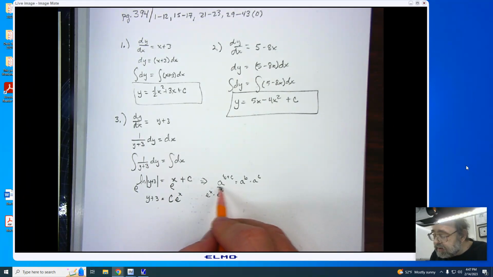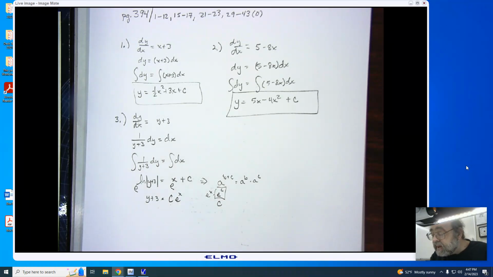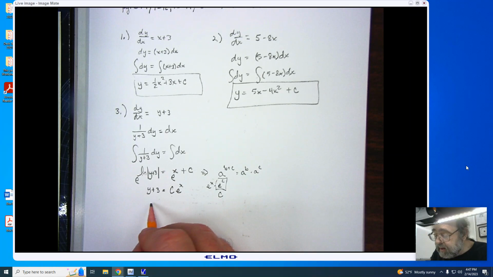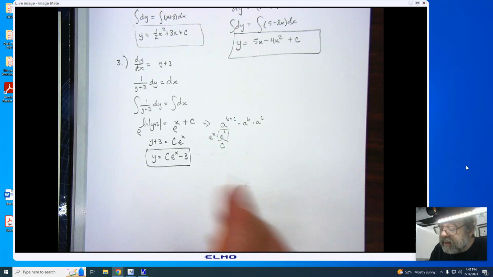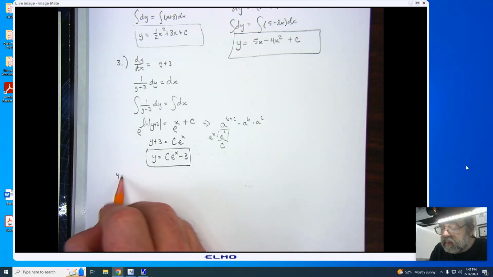But e to the constant is a constant, and so I write it as ce to the x. We're now going to finish by subtracting 3, and we get ce to the x minus 3. And this is my answer. Now, without having a point on the curve, there's no way for us to know what that constant is. Let's go ahead and take a look at number 4 now.